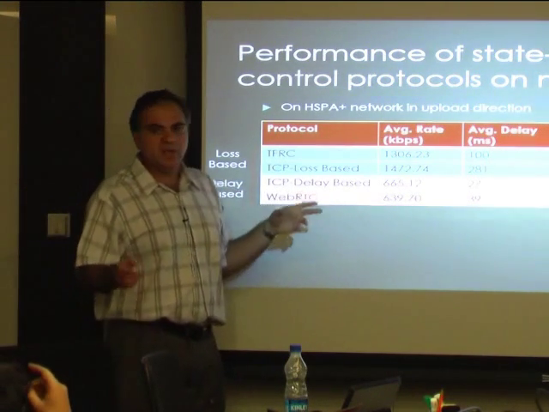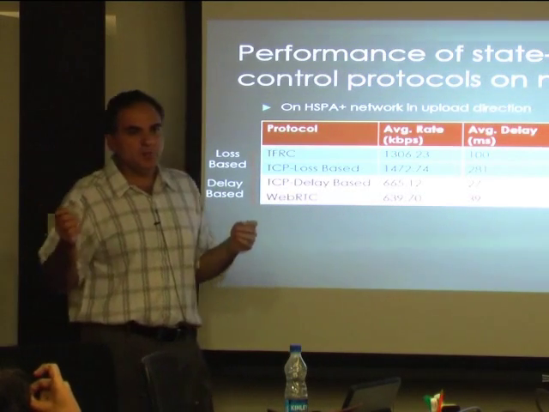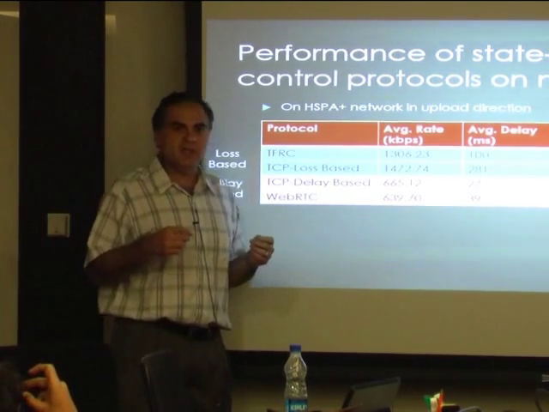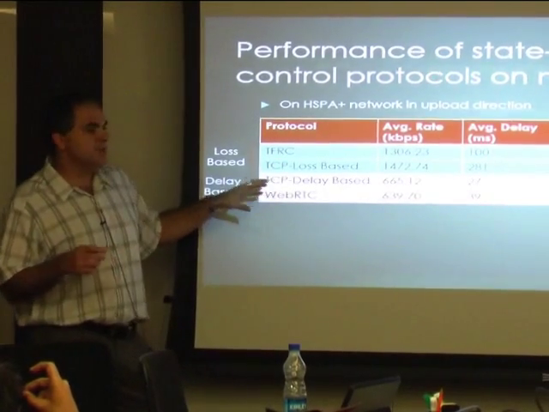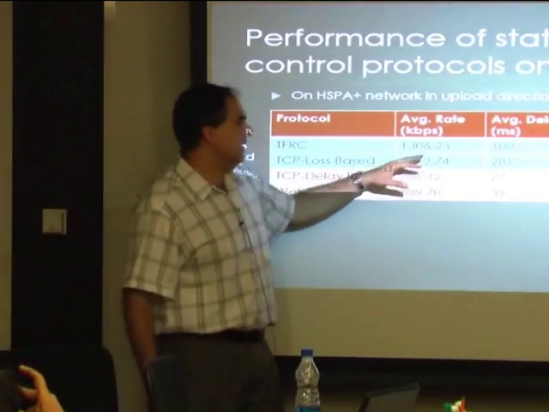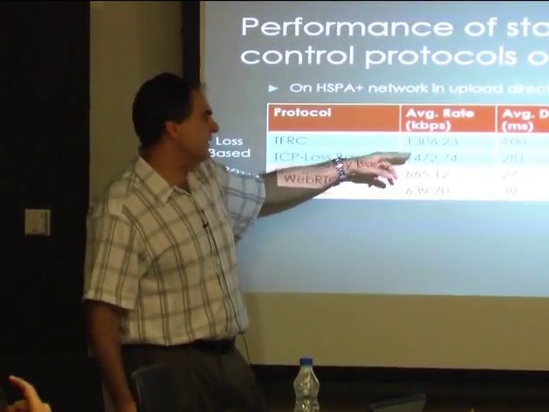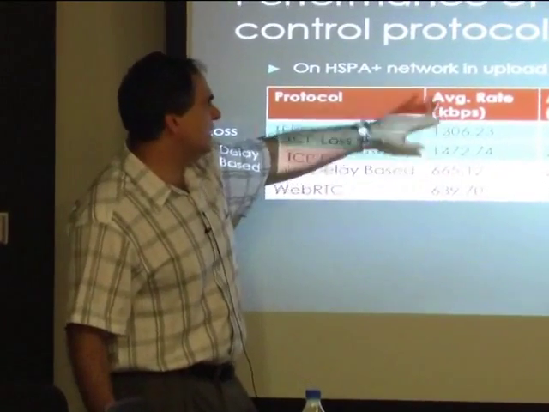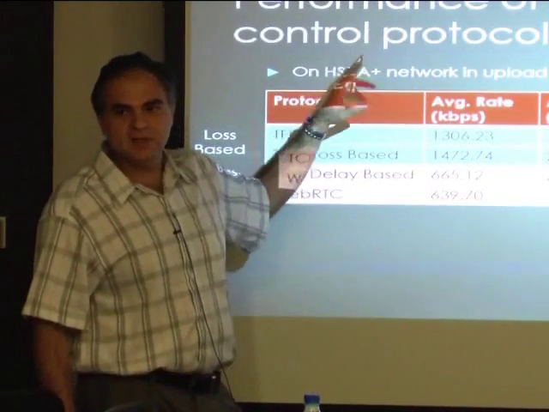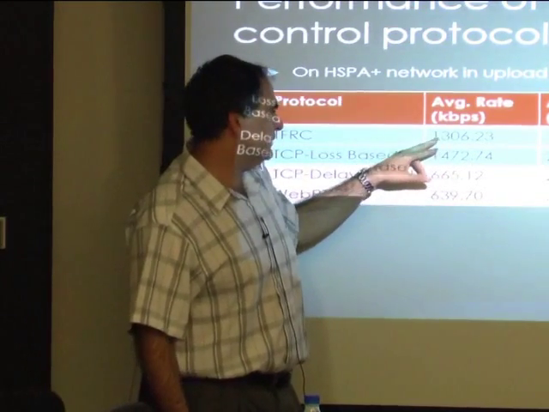There's an ongoing effort in the IETF to standardize real-time applications like video conferencing, and they even want to standardize the congestion control aspect of it. So here's the average rate each of these achieves, and this is on the 4G upload direction, the T-Mobile network.